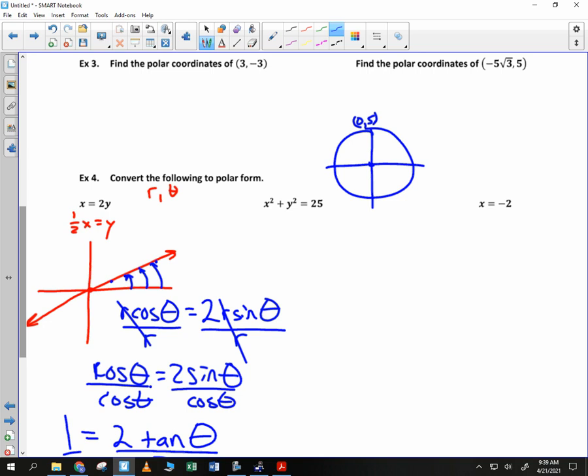What's the radius here? 5. What's the radius here? 5. True or false? The radius stays the same. True. That's the definition of a circle, right? The radius is always the same. True or false? The angle always stays the same. False. So in this example, you see r stays the same.